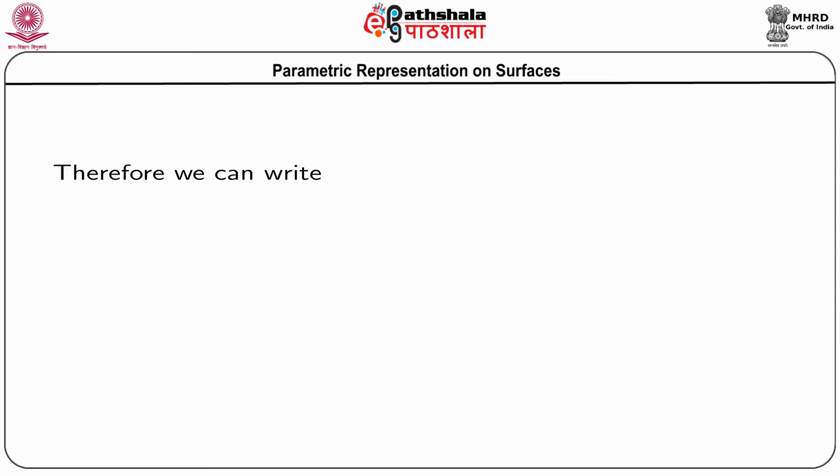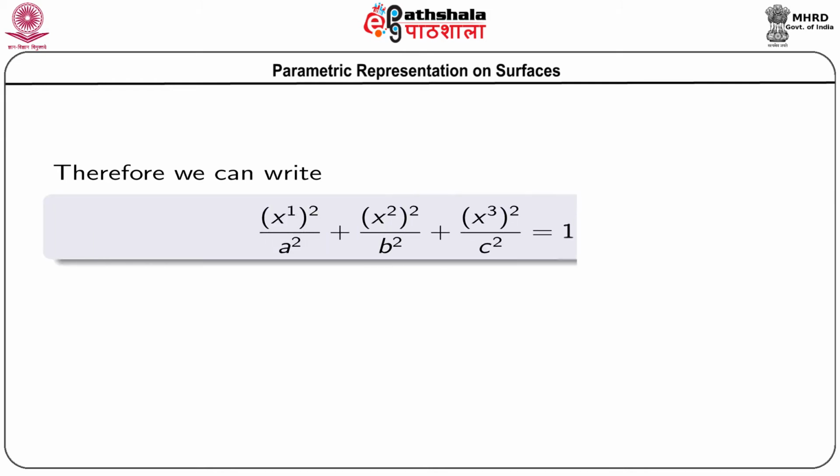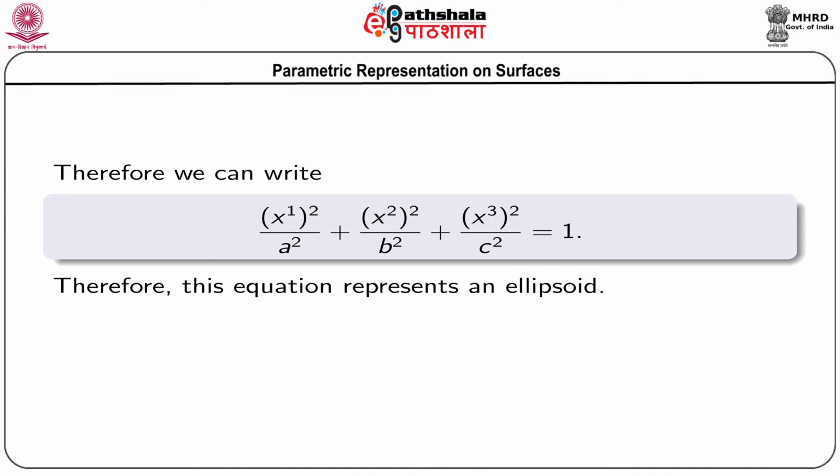And if we eliminate u1 and u2, we have the equation x1 square by a square plus x2 square by b square plus x3 square by c square equal to 1, which is the equation of an ellipsoid. So, all these surfaces are represented parametrically by the equations given above.